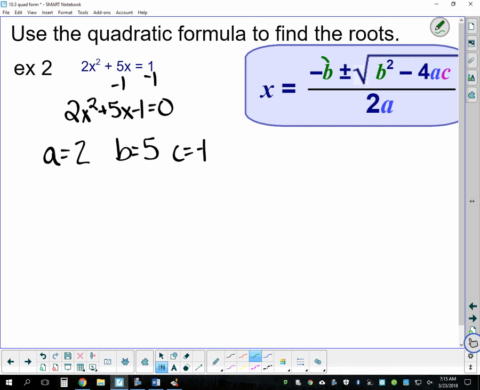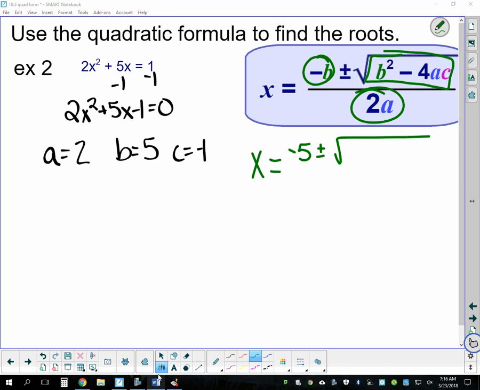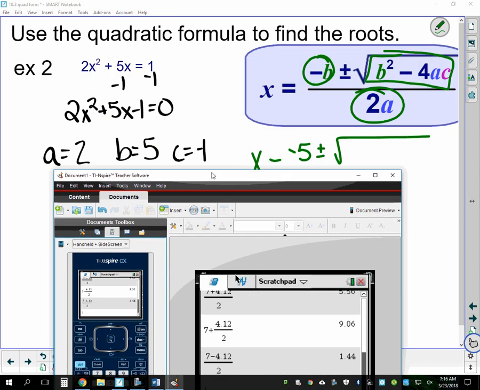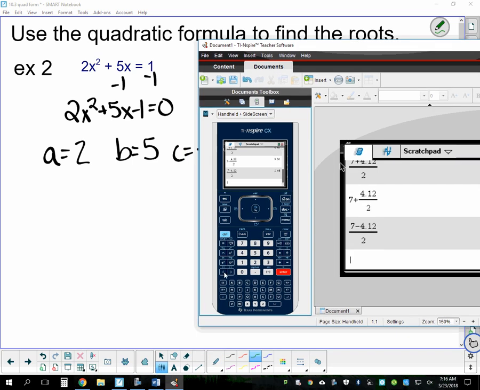Okay, so the 3 chunks I do, 1, the stuff under the radical, 2, and then 3. Negative b is -5. And then I pull up my calculator, and I do b squared minus 4ac. So parentheses 5 squared.